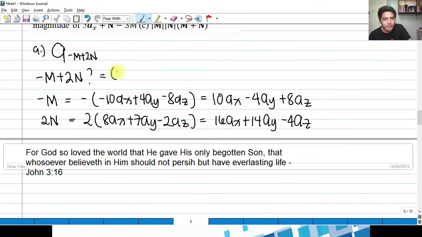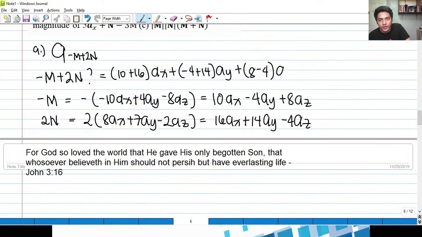So, we have for negative m, 10 plus 16, a sub x, plus negative 4 plus 14, a sub y, plus 8 plus negative 4, which becomes minus 4, az. Hence, our result shall be 10 plus 16 is 26 a sub x. Negative 4 plus 14 is plus 10 a sub y.